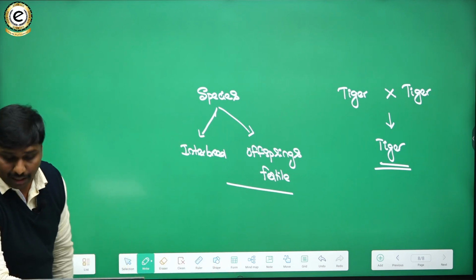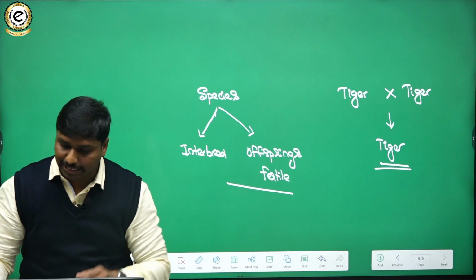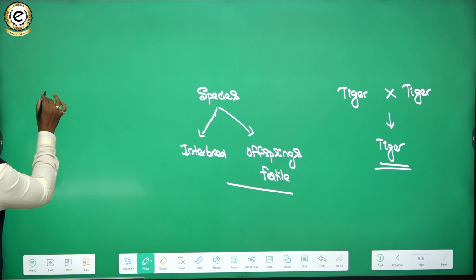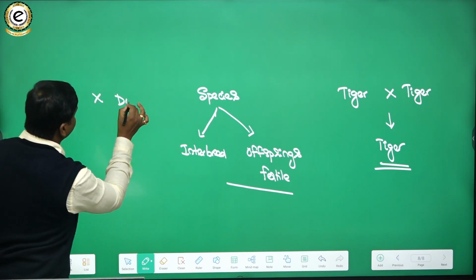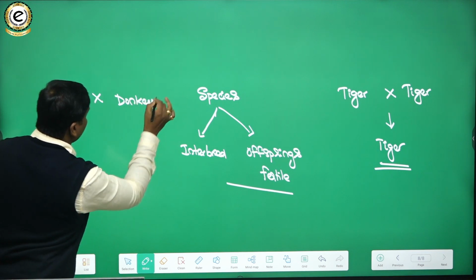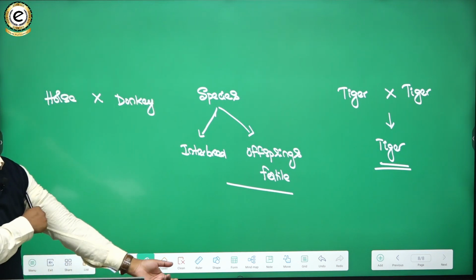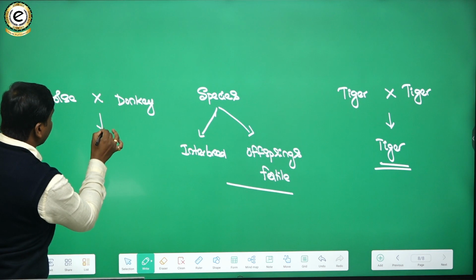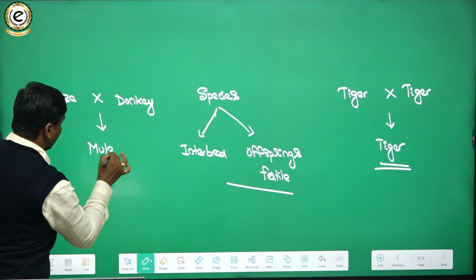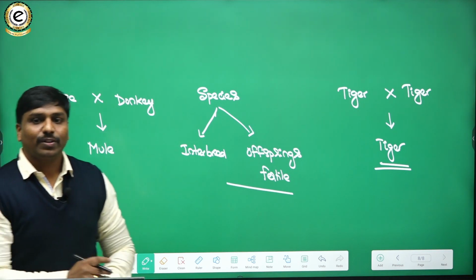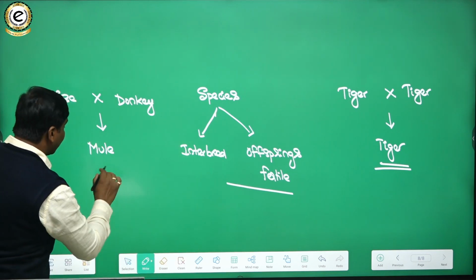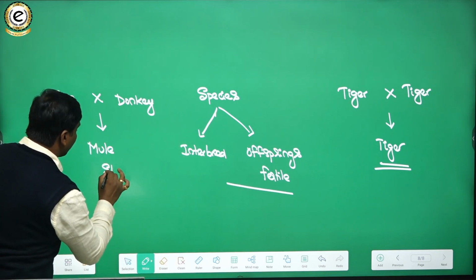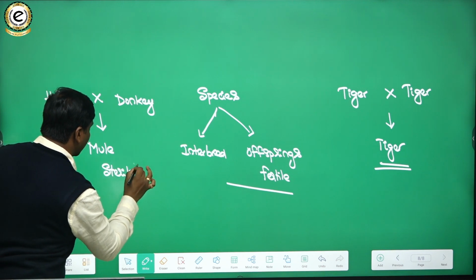For example, you may cross a horse with a donkey. When a horse is crossed with a donkey, you will get a mule. A mule is a sterile offspring.